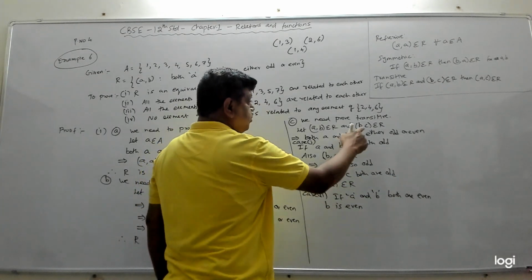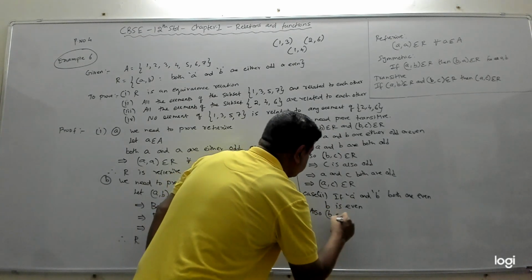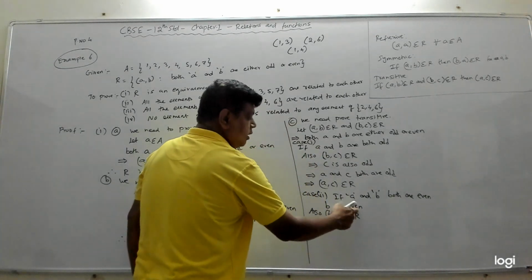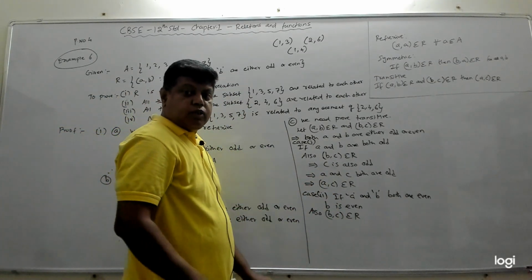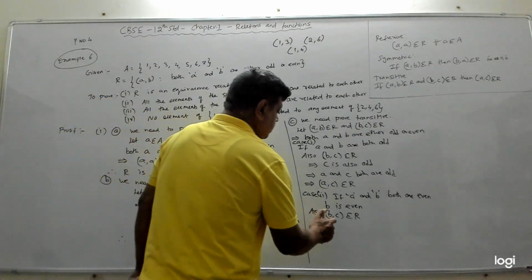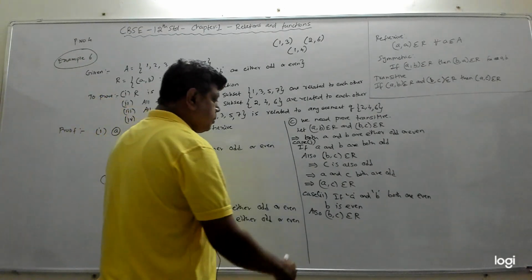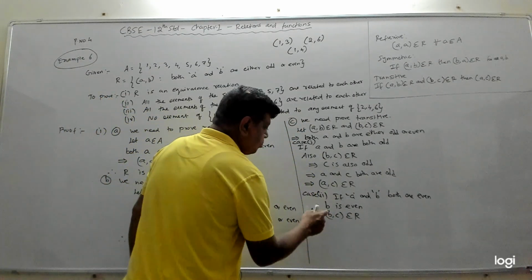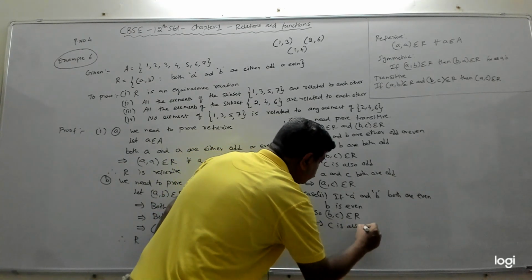When B is even, then B, C belongs to R. Now B is even. When B is even, C also must be even, because B, C belongs to R. So B is even means C also should be even. This implies C is also even.